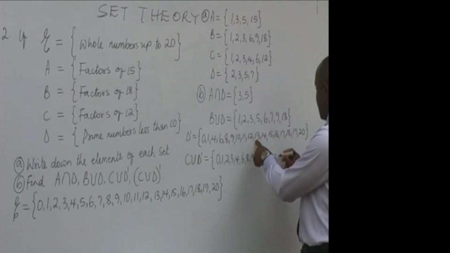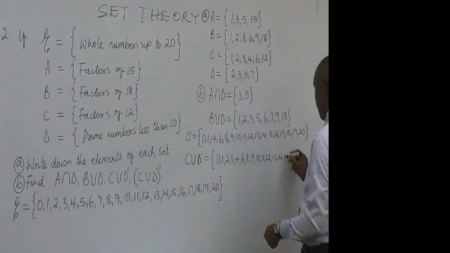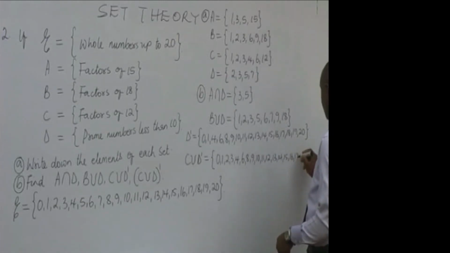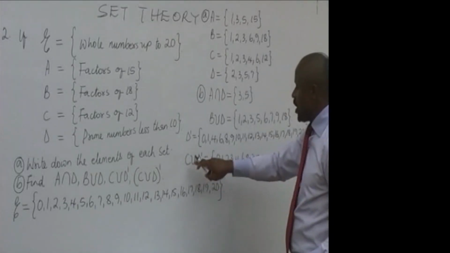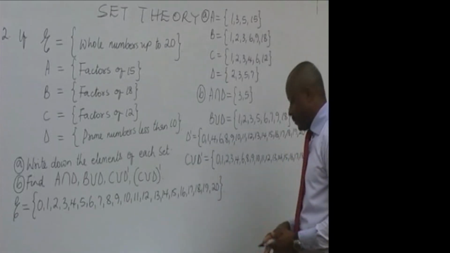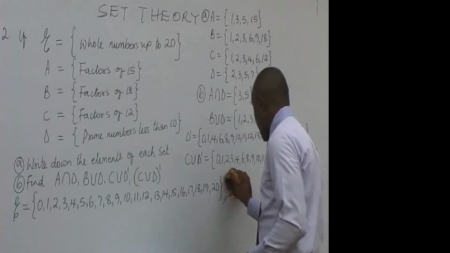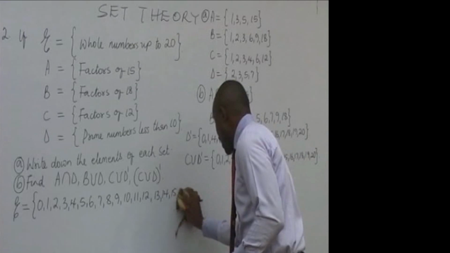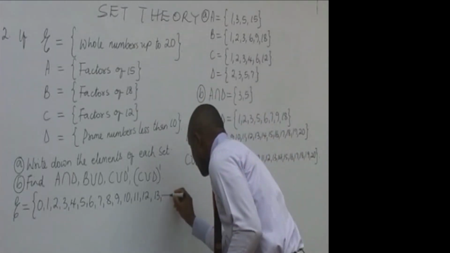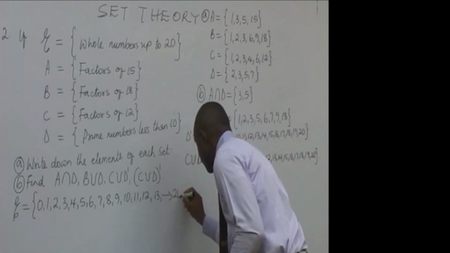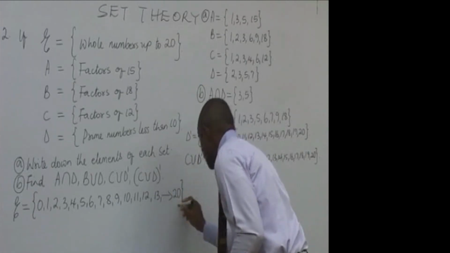So we have 13, 14, 15, 16, 17, 18, 19, and 20. So these are members of C union D prime. Please, I want to clean up this so that we can continue to the next. So let's just write this till 20. You understand what it means.